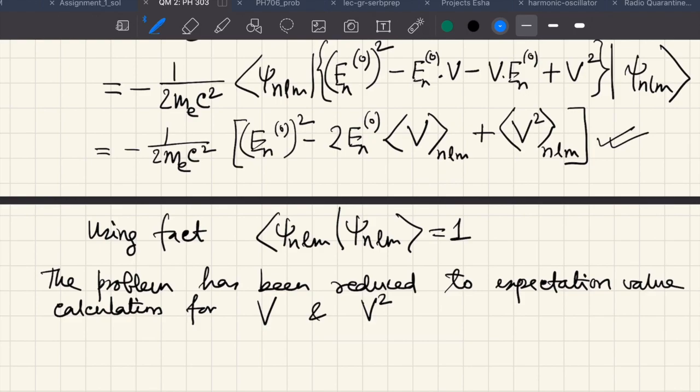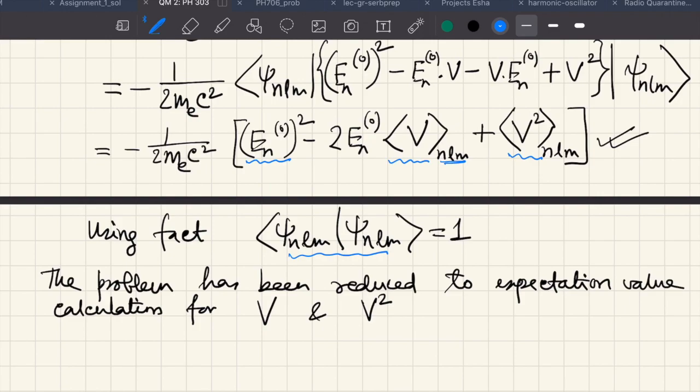Note that in this expression we have this En0 square, which is not really an operator. The second term has the expectation value of the potential in the uncoupled basis, the nlm basis, and the third term is the expectation value of V square in the same basis. And using the fact that this is normalized, we see that the whole problem is reduced to calculation of the expectation value for V and V square, and that we are going to discuss right now.